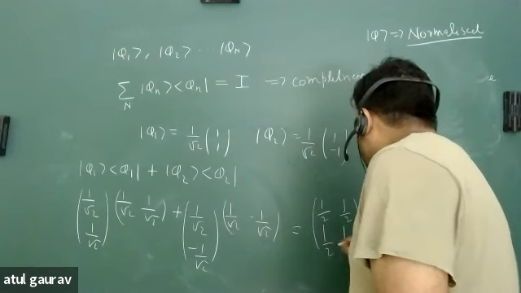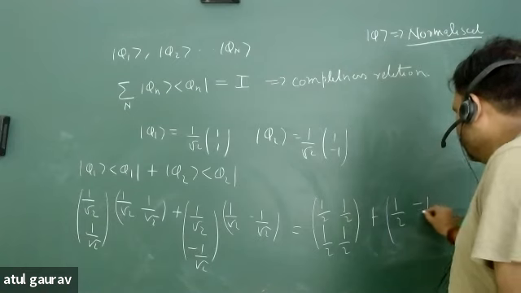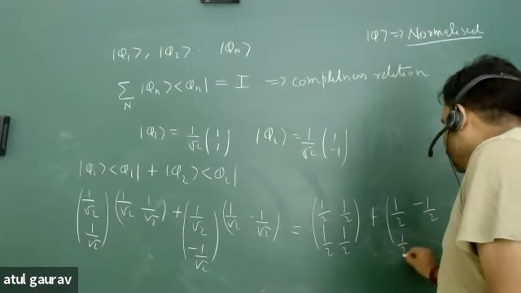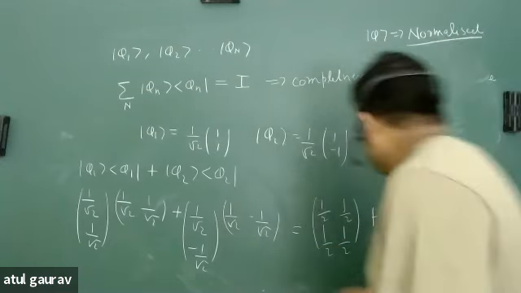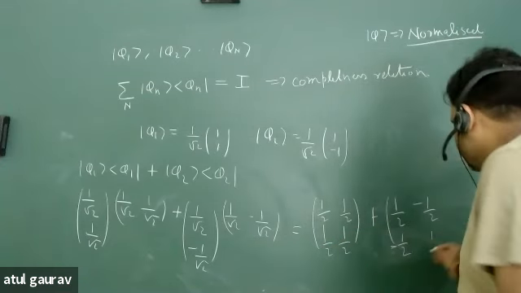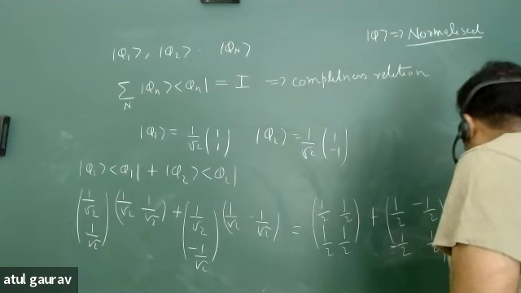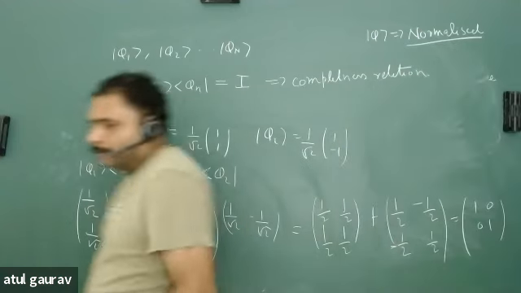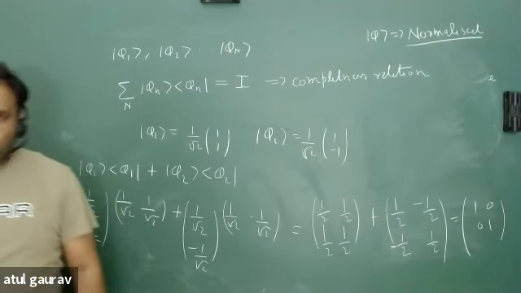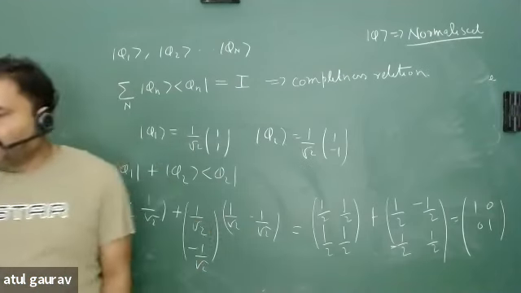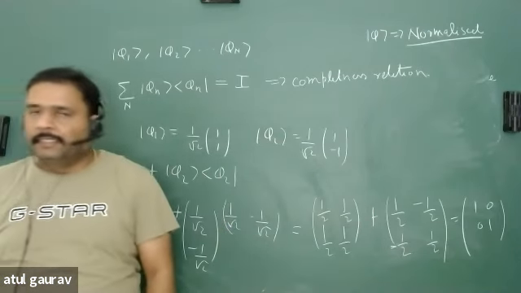This is half, this is half, this is half, and this will be minus half. And minus minus is again plus half. You will just calculate 1, 0, 0, 1. So yes, it will also fulfill your same purpose, because it will also satisfy the completeness relation.